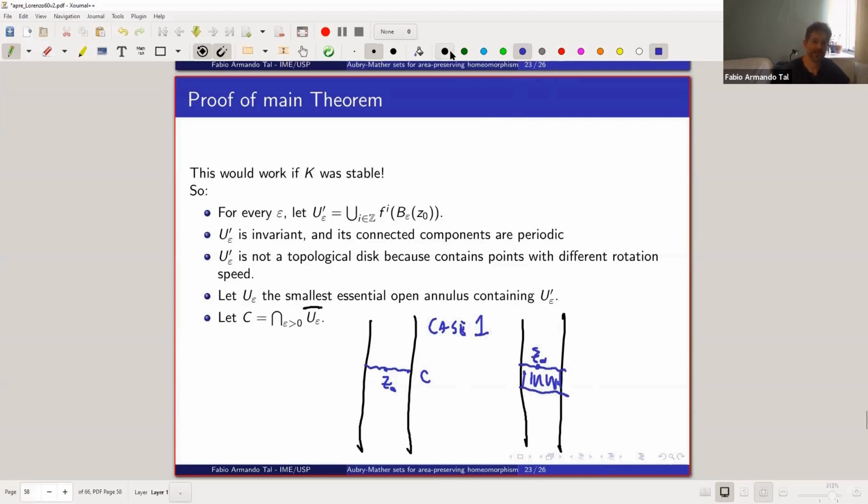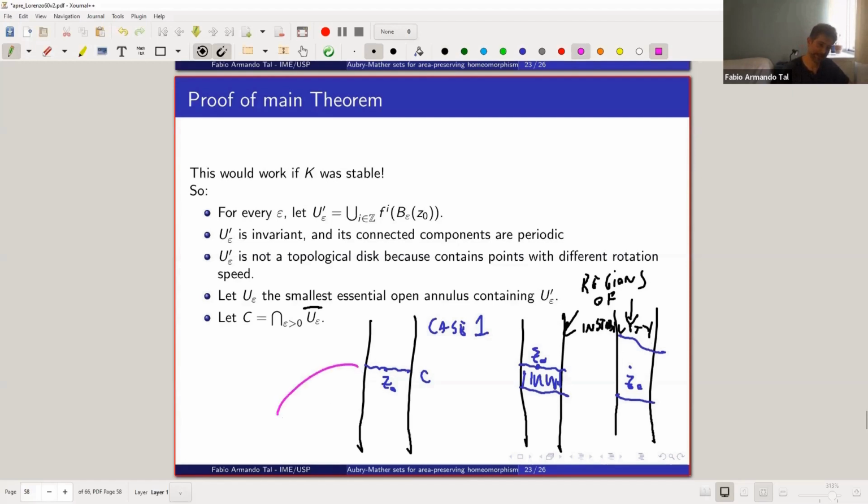And the third possibility is that it is like this, and here is my Z0. So I have three possibilities. In the first two possibilities, I have regions of instability, and in the third possibility, C is stable.